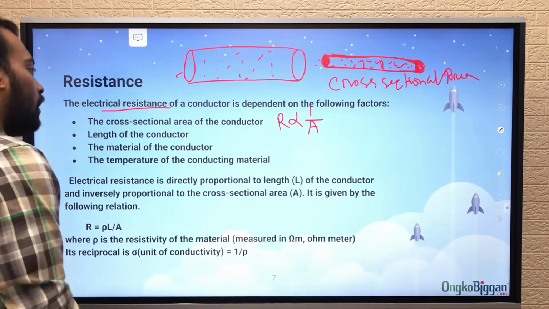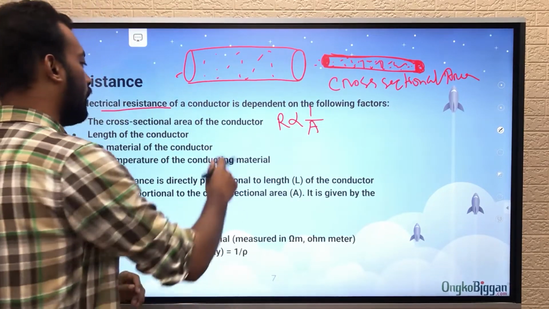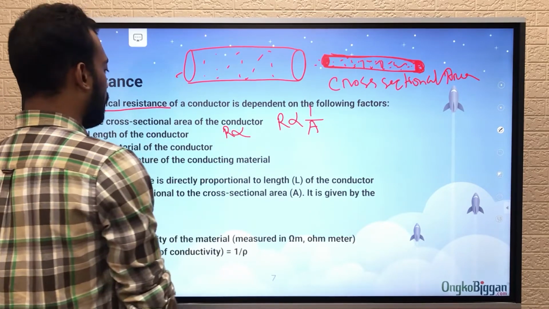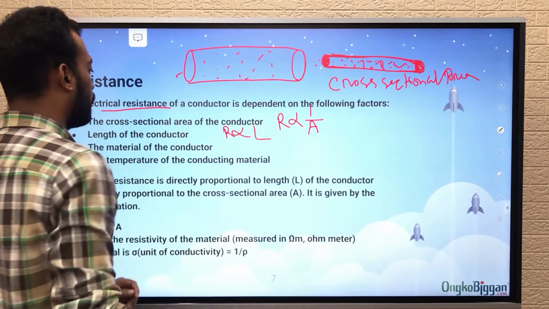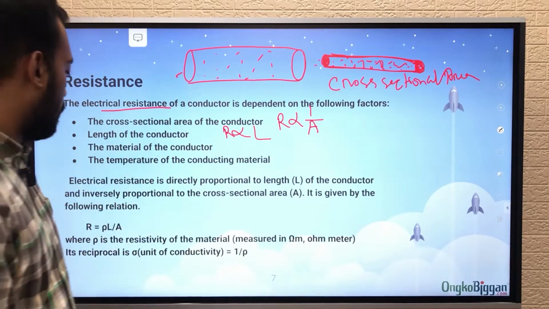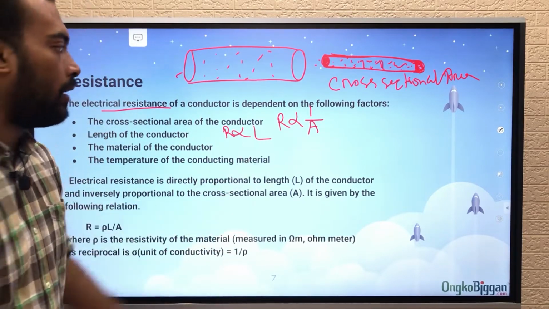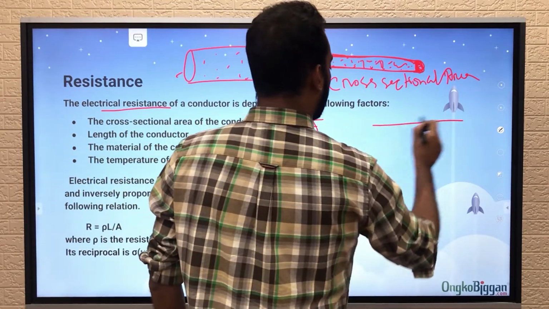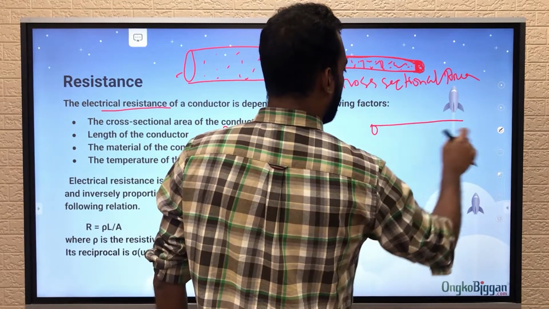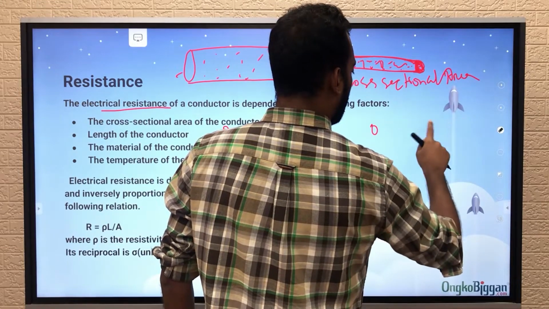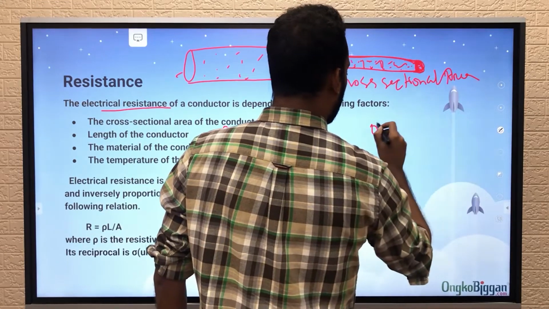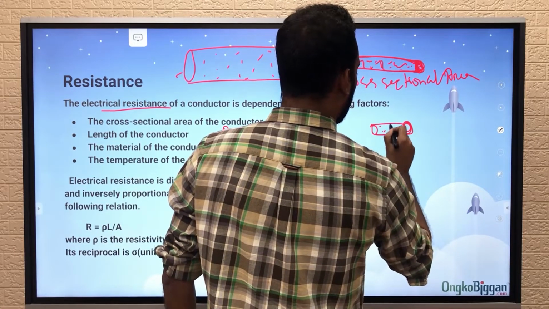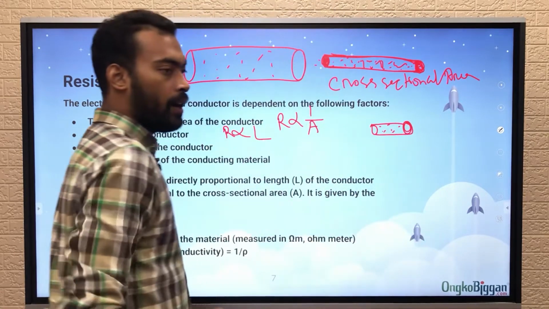Now the length of the conductor. So we can write that R is directly proportional to the length of the conductor. Suppose you have this length of conducting wire.